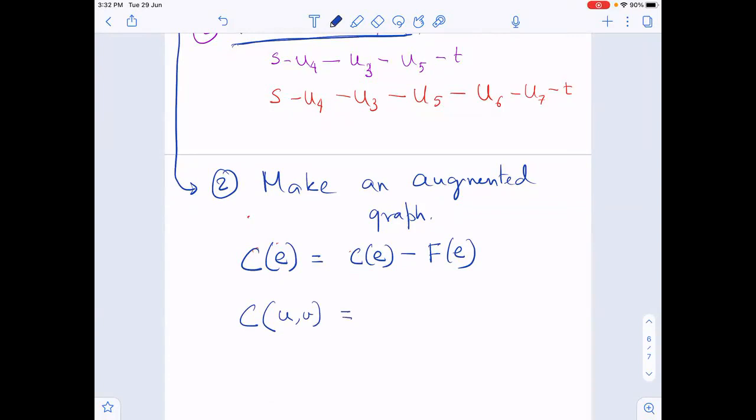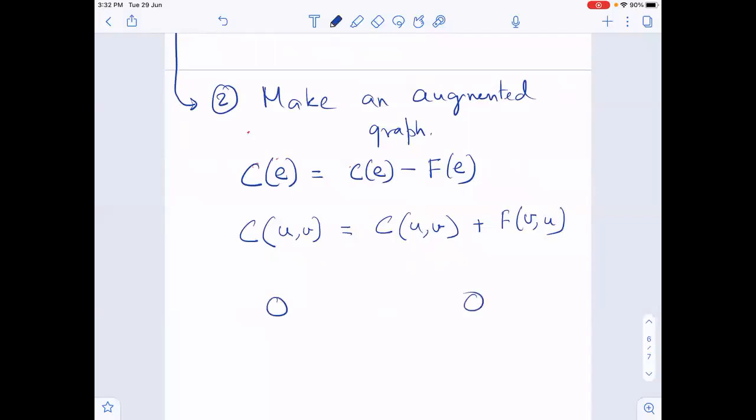Capacity of every UV is the actual capacity of the edge UV plus the amount of flow that is happening on the other side, the flow going from V to U. So from U to V, there was some capacity, say 5, but now there is 6 flow coming from the other side.